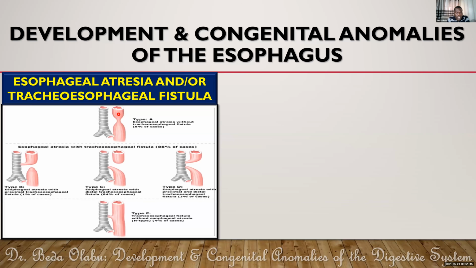So esophageal atresia will present with secretions in the mouth, whether type A or type C. They'll have a lot of secretions in the mouth, and then they will not be able to breastfeed. They'll be regurgitating milk. That is how they clinically present.